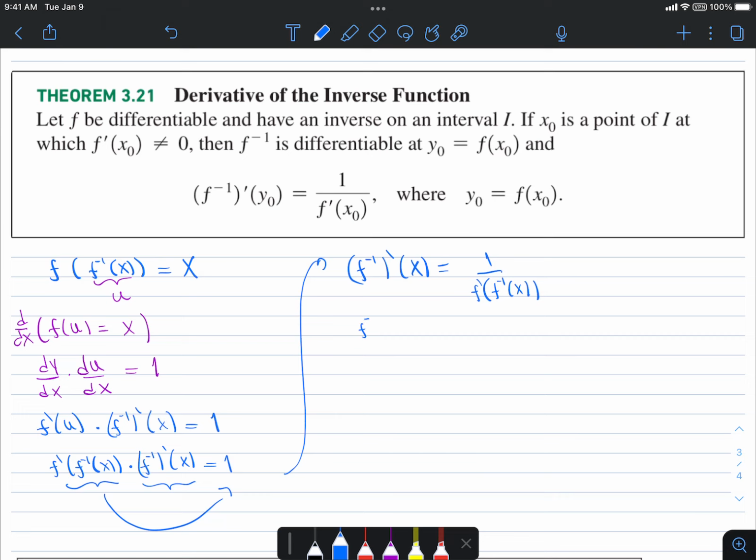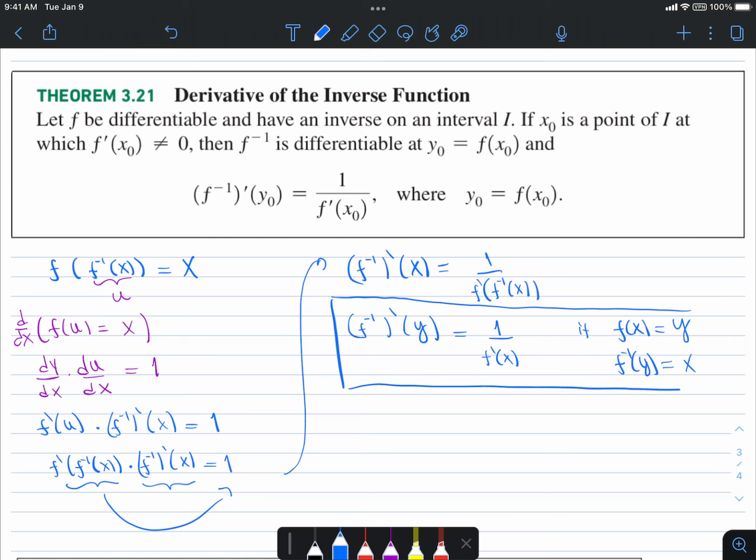So what they want is f inverse prime of y equaling 1 over f prime of x, because the inverse of y is x. So we're saying that f of x equals y, and therefore f inverse of y is x. So that is the general rule.